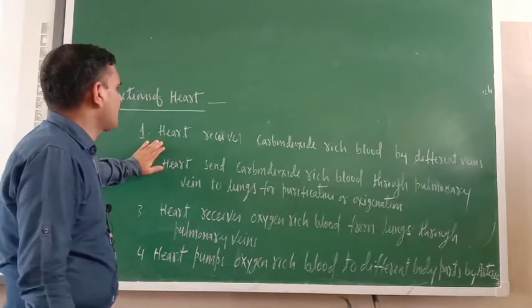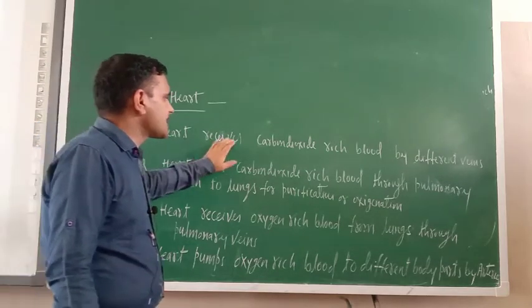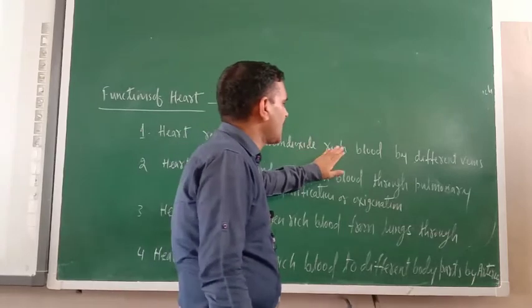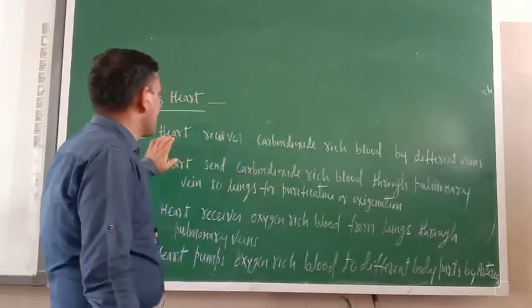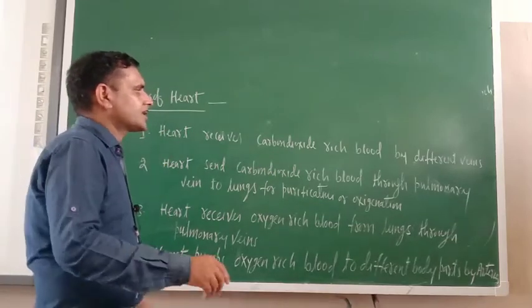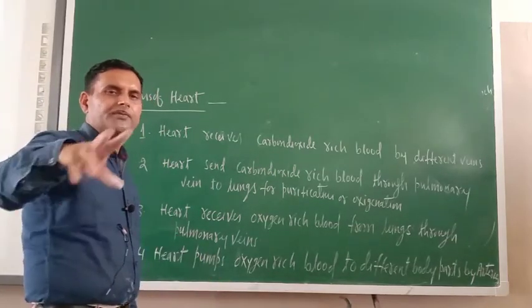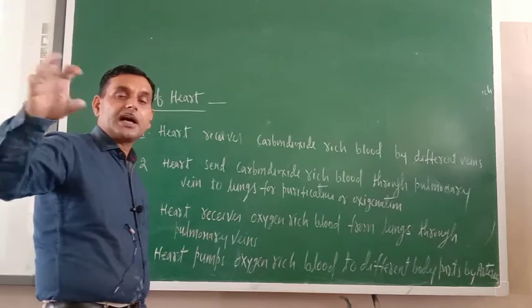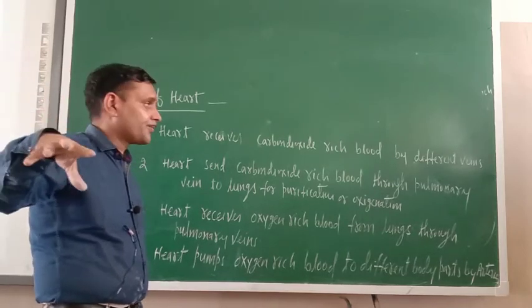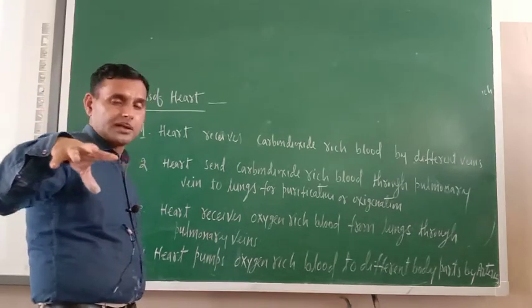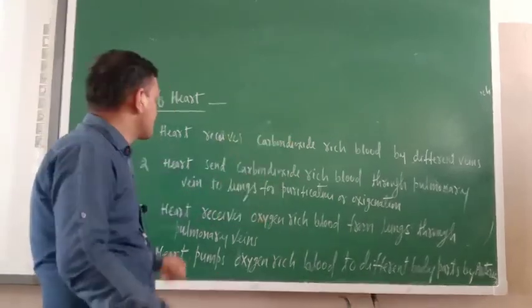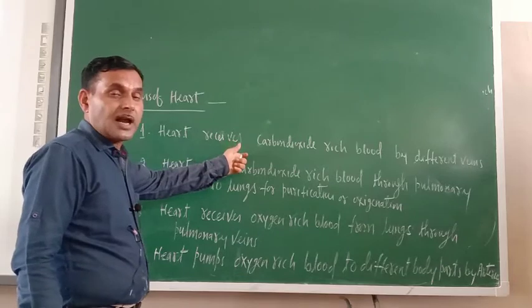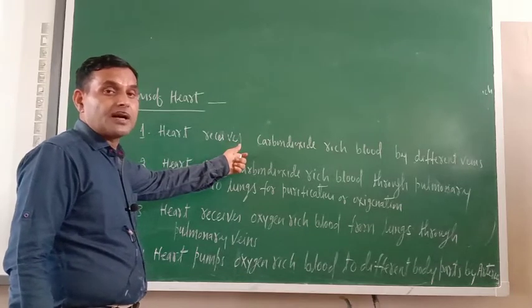The first function of the heart is that the heart receives carbon dioxide rich blood by different veins. How will the heart receive it? Just try to understand. Different veins are carrying the carbon dioxide rich blood. Okay? Carrying or not? And they are making this reach the right part of the heart.